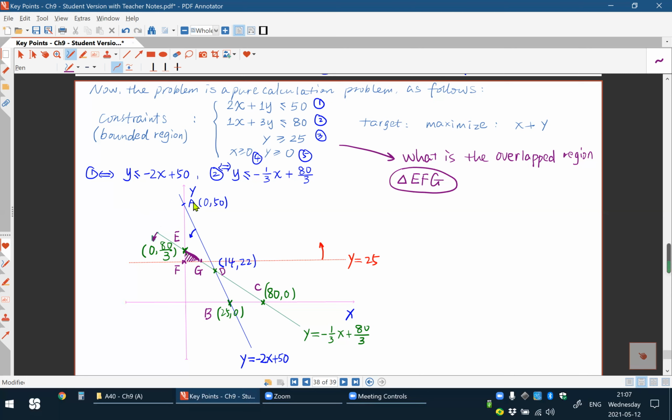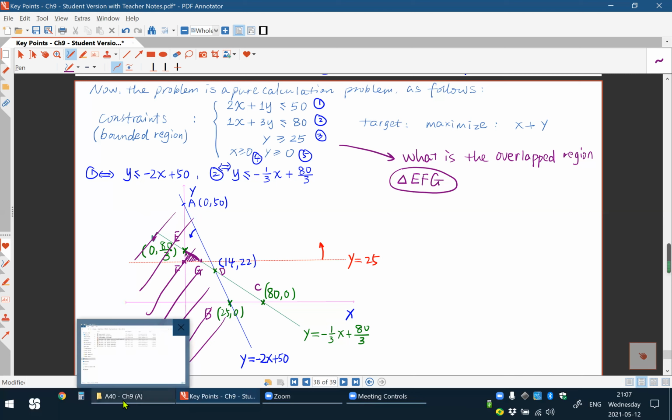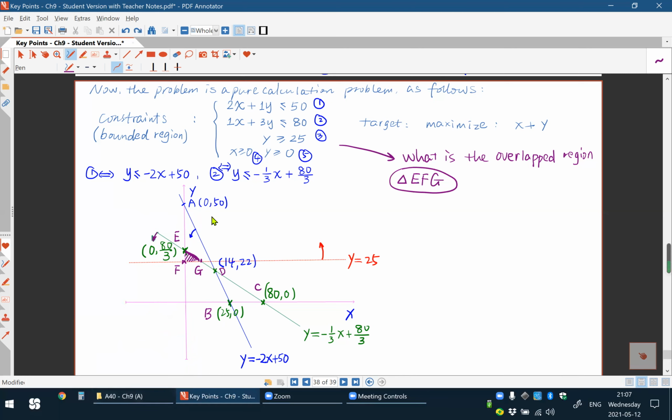And it also must be below the blue line. So any region that is below the blue line is a region like this, right? And also the region must be to the right-hand side of the y-axis. So this is another boundary. And this line must be above y equals 25. So y equals 25 is another boundary, right? You see that?